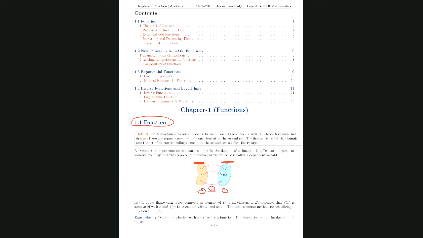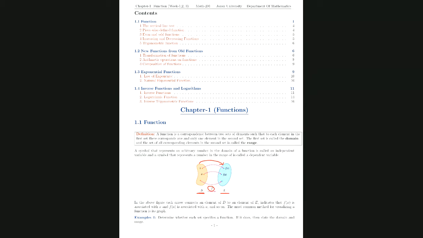So function means this f connecting set D to set E, right? The elements of set D to set E. How to connect?